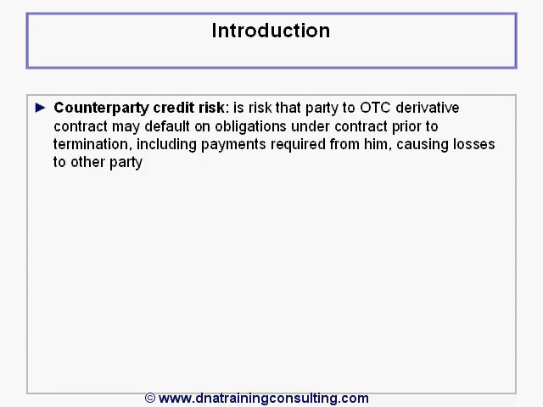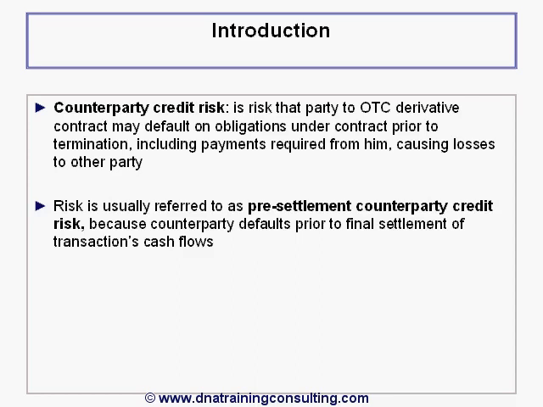Counterparty credit risk is the risk that a party to an OTC derivatives contract may default on his obligations under the contract prior to its termination, including in particular the payments required from him under the contract, causing losses to the other party.